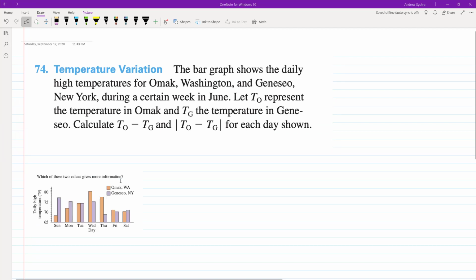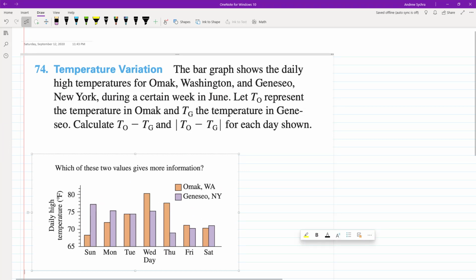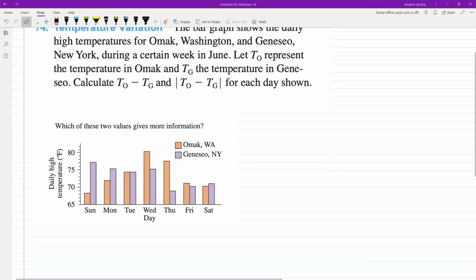All right, so all we're doing is we're just subtracting t naught and t sub g. I'll label these t sub g.